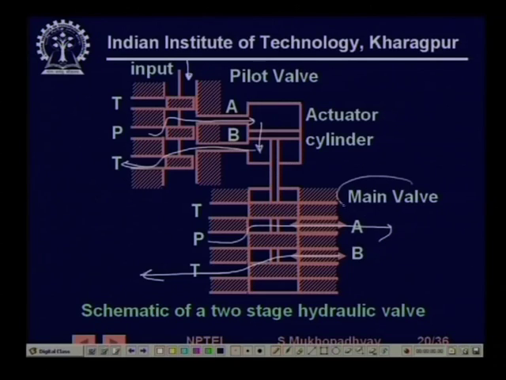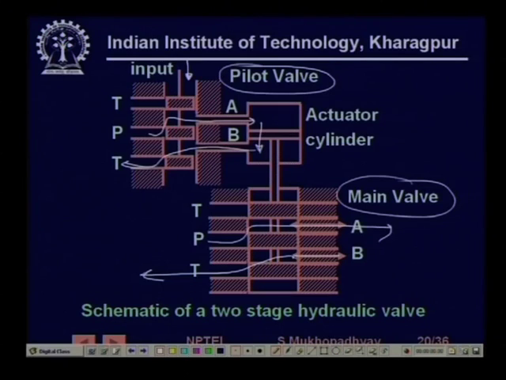So, this is the main valve, this is the pilot valve, that is, it is a valve which drives another valve, just like a pilot rides in front of a car, that is a pilot car. So, the pilot is actually the leader who drives. So, in this way, this is the driving valve and this is the driven valve, and these two ports A and B will be connected to the main actuator, which may be a very heavy load, right. So, this way you get power amplification.